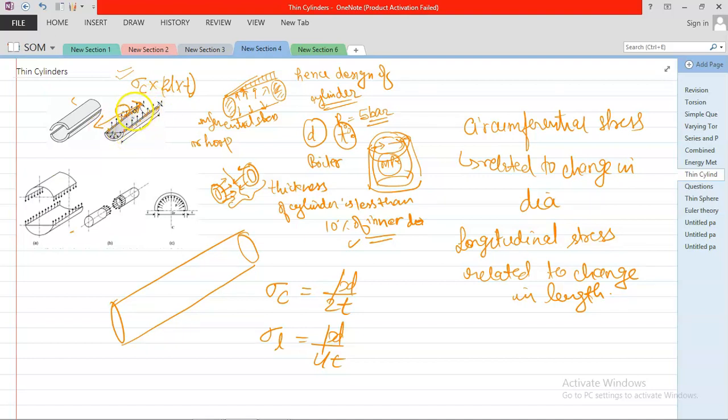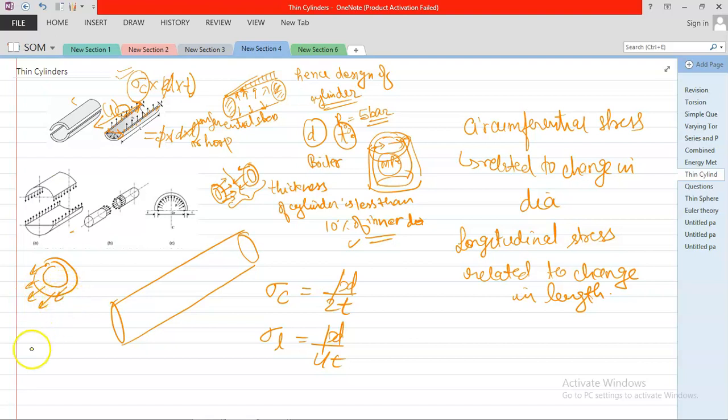You can see this happening in the body, and that is equal to p into this length d and length l. So the projected area of your cylinder is d into l. So you get sigma c equal to, cutting out l, pd by 2t. Now in longitudinal stress, we have an area like this, and on this surface they are projecting outside.